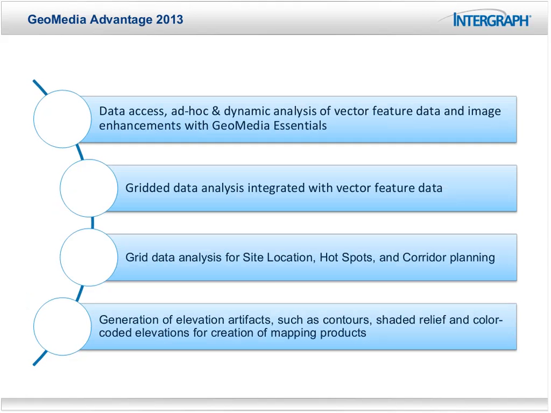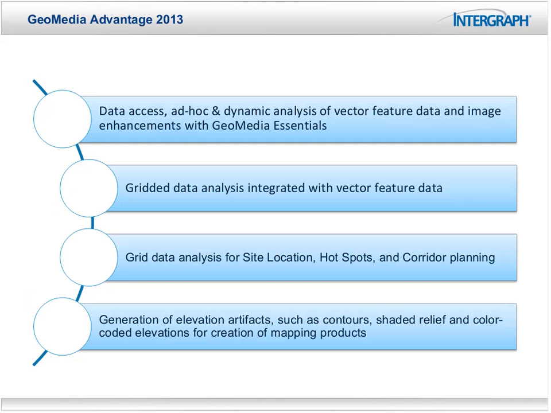Later on this month, in a matter of maybe a week or so, GeoMedia Advantage 2013 will be available for everyone. And to highlight some of the capabilities there, I've got a video I'll show in just a moment. It provides everything that's already in the GeoMedia Essentials product, but it gives you gridded analysis with the vector data.